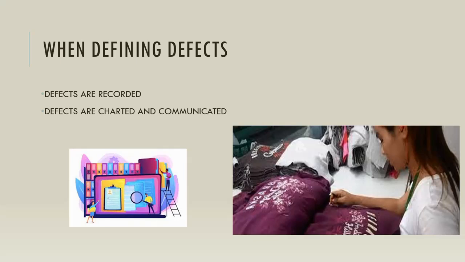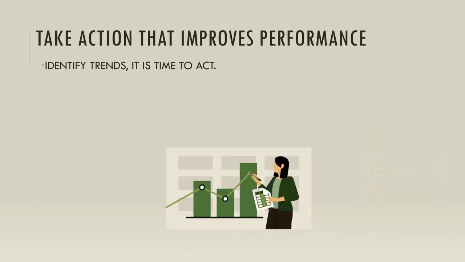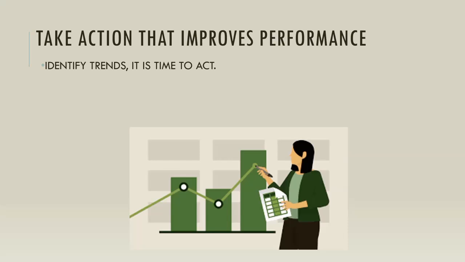So recording, charting and communication are very important while we are defining the defects. And some action can be taken to improve the performance also. The trend can be analyzed. What is the trend of that particular improvement? That can be analyzed.